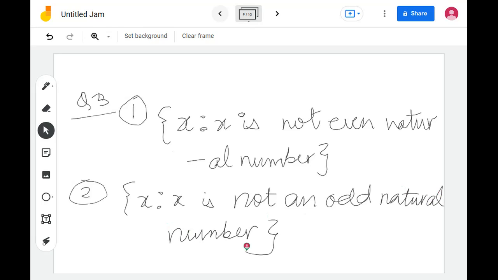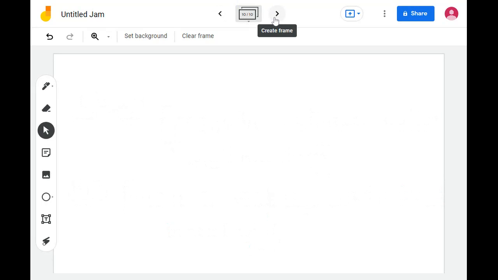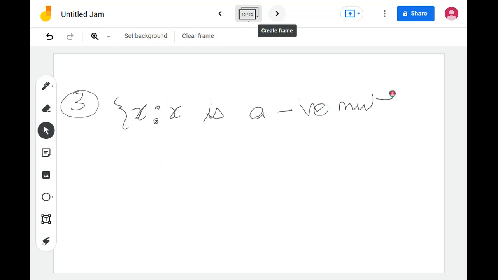Now we are shifting to the third part. Now the third part is x such that x is a positive multiple of 3. The answer will be x such that x is a negative multiple of 3.